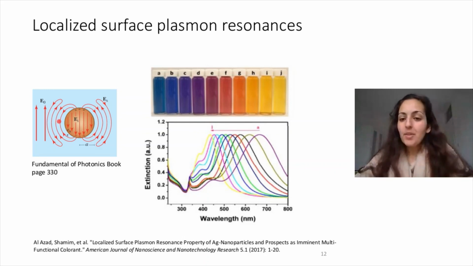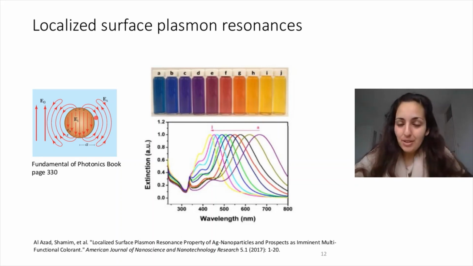And where the resonance frequency lies in such a situation depends a lot on the size of this nanoparticle. People who synthesize such nanoparticles can design the size such that you can really get the full color spectrum.